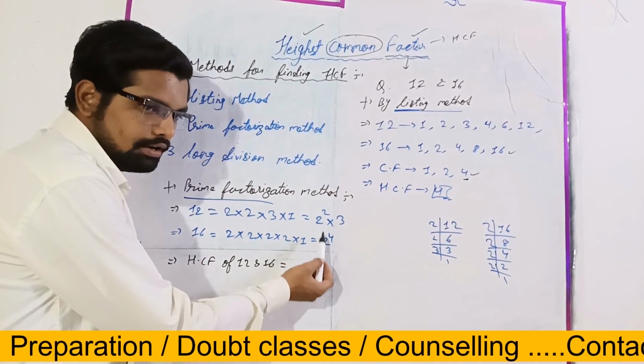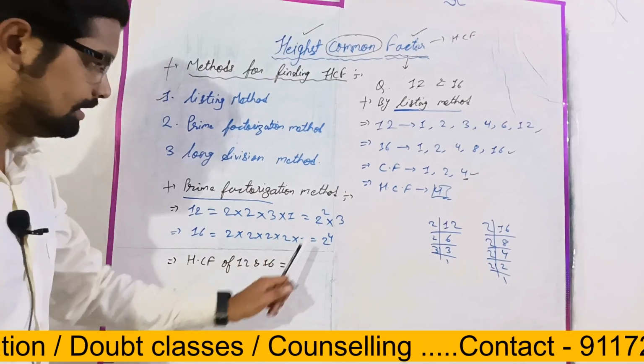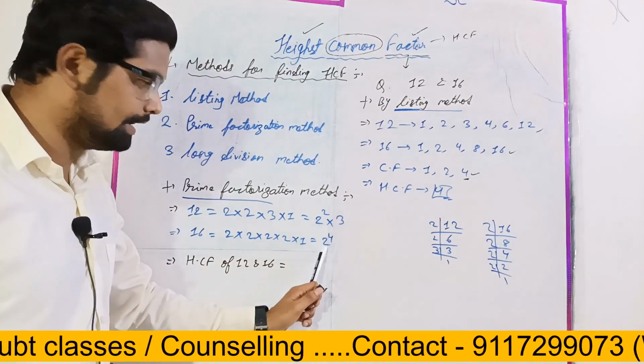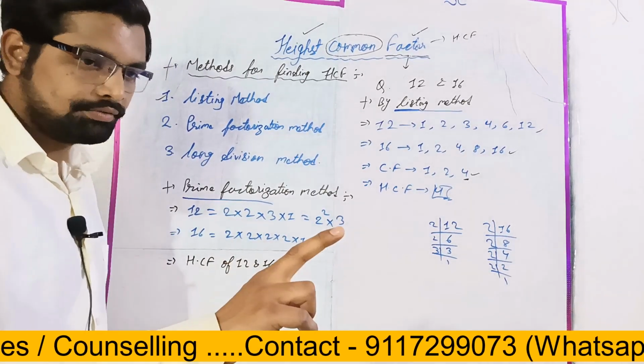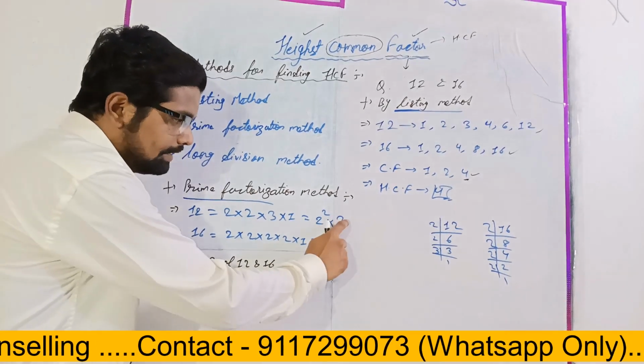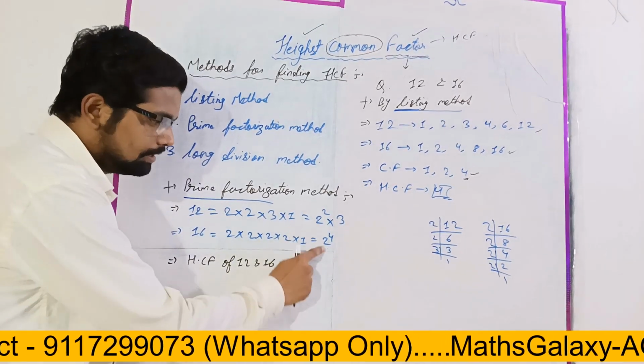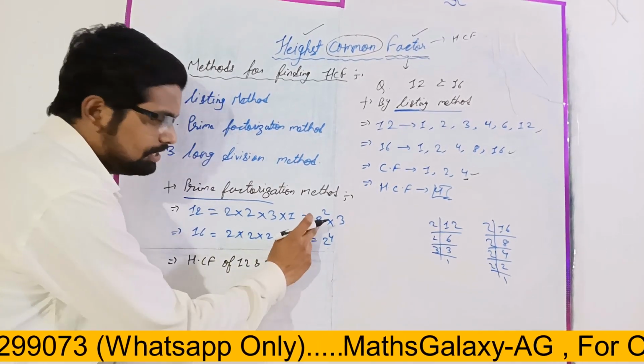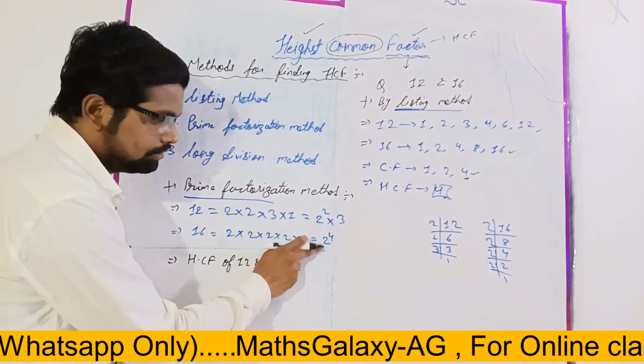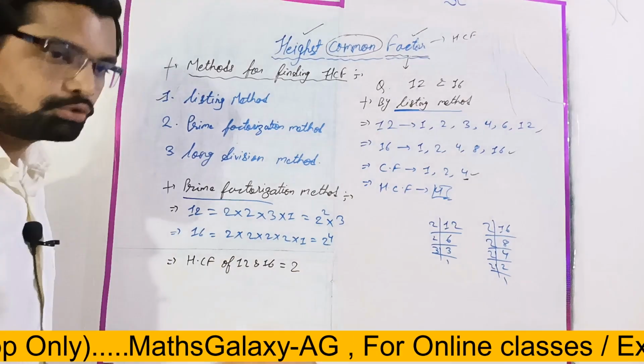There are two different numbers, 2 and 3, but the common number is 2. How many 2s are common in both? Two 2s are common.